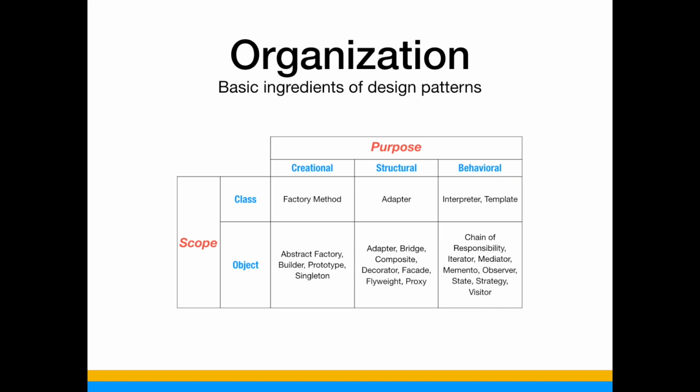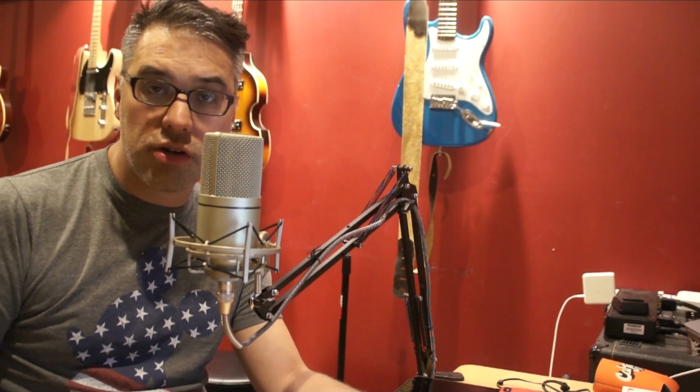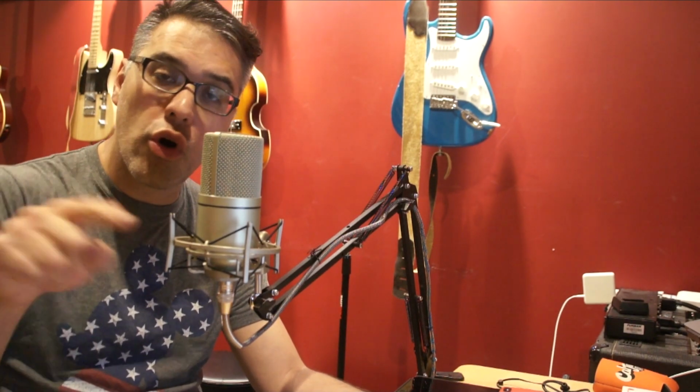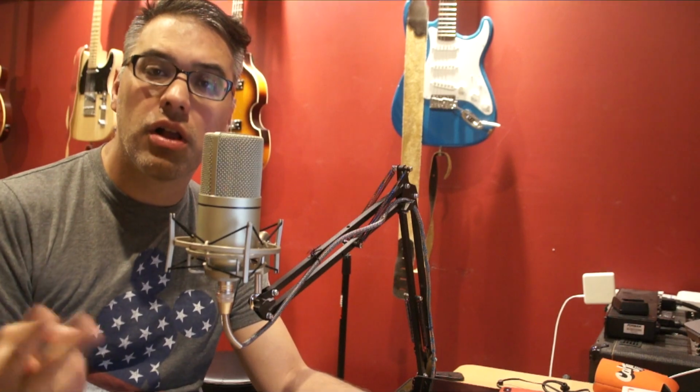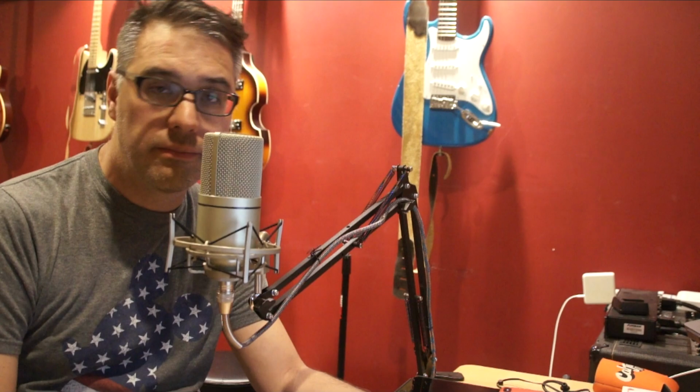The same thing in the design pattern. Where is it going to solve it? Is it going to solve it at the class level, or is it going to solve it at the object level? The purpose, on the other hand, is defining three main categories. Those three categories are creational, how do we create objects; structural, how do we organize those objects; and behavioral, how do those objects interact and behave within each other.